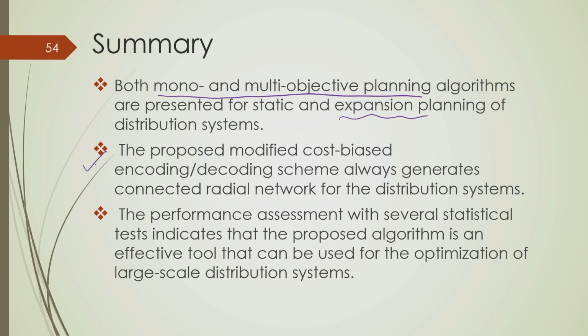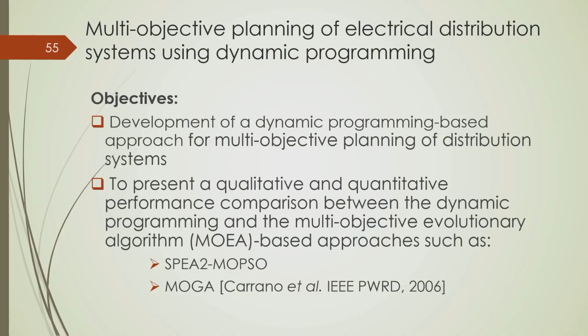Also different types of encoding decoding schemes we have used, and the performance assessment of several statistical tests we have already shown in the mono objective problem. In the multi objective problem it is not shown over here, but one can go through the paper where we published this result. I will show you at the end in the reference list.